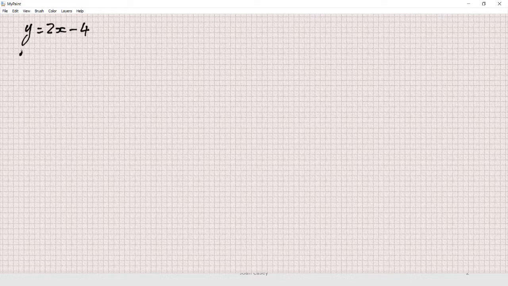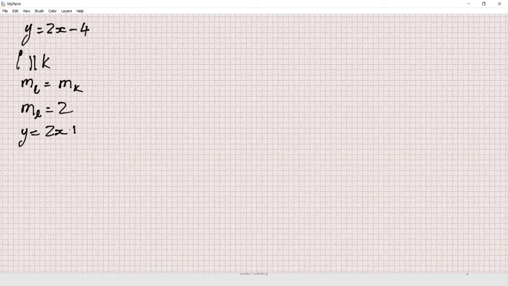So if L is parallel to K, then the slope of L must equal the slope of K, which means the slope of the line L we're looking for is 2. And we'll put it together. y equals 2x plus some unknown c, and we know that this line passes through the point (1, 3).